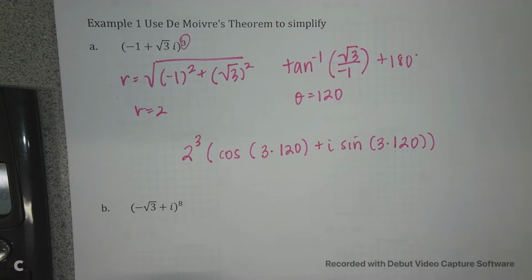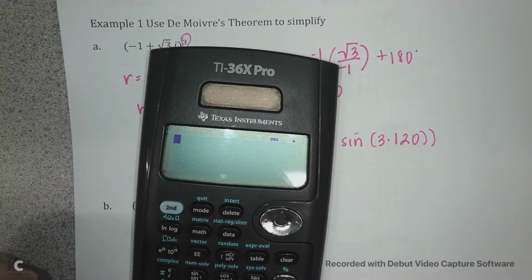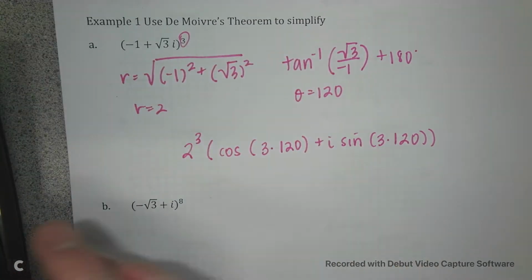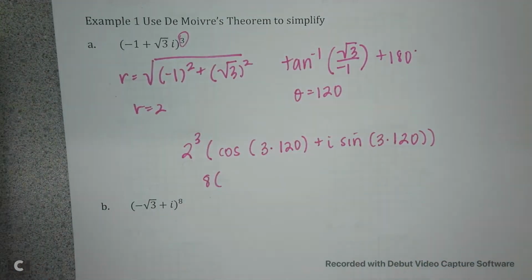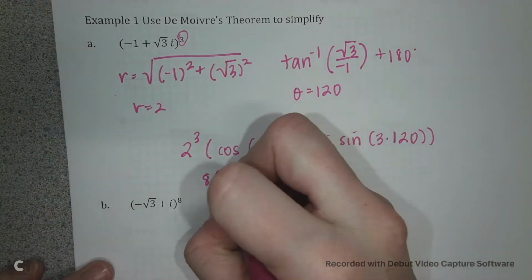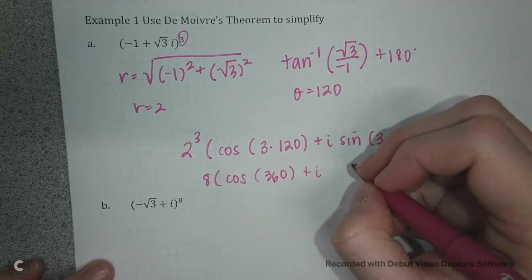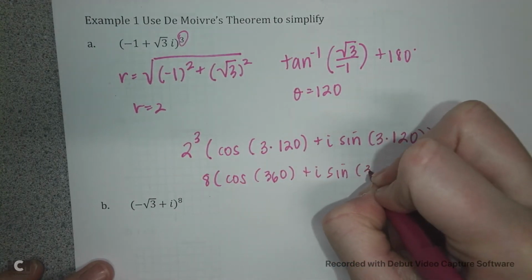We're going to do each piece at a time so we can figure out the exact value. So 2 cubed is 8, and 3 times 120 is 360. So then we have cosine of 360, and i sine of 360.